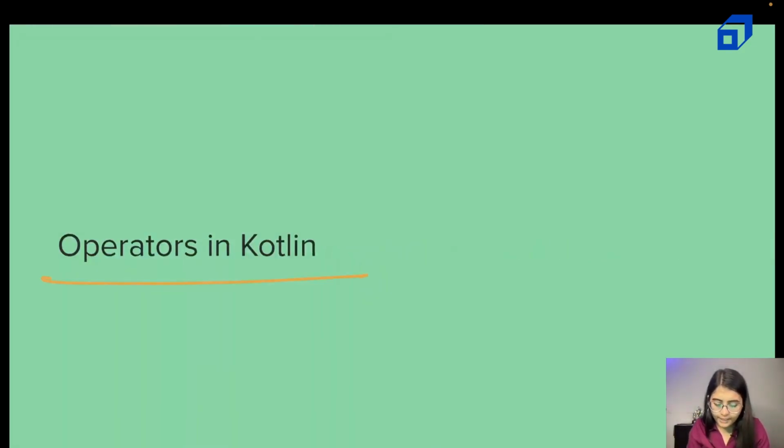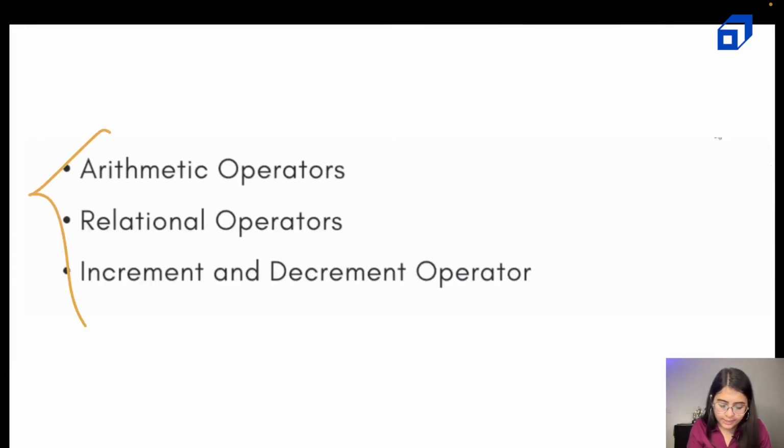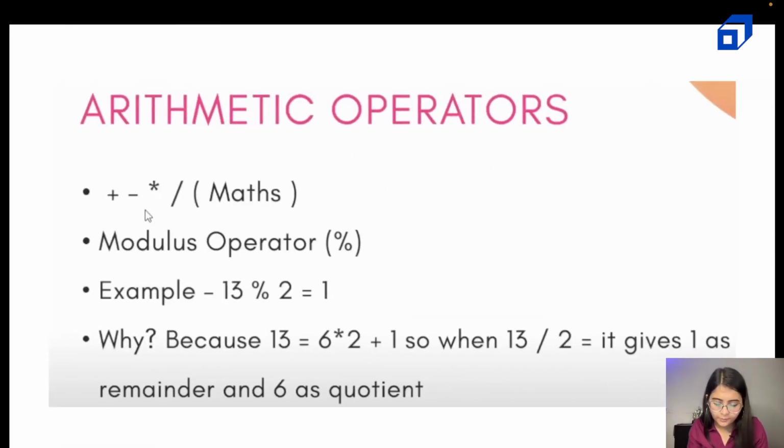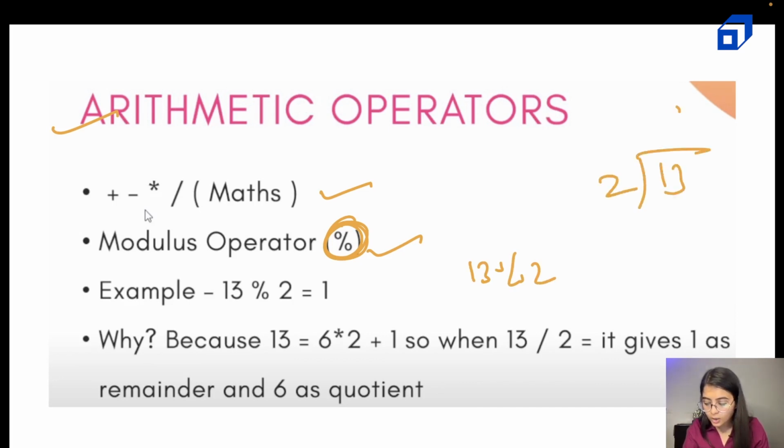If we talk about operators in Kotlin, there are three types: arithmetic operators, relational operators, and increment and decrement operators. Arithmetic has the mathematical operators and modulus. Modulus gives the remainder. Let's say we are doing 13 modulus 2. 13 divided by 2 is 6, 6 times 2 is 12, remainder 1.